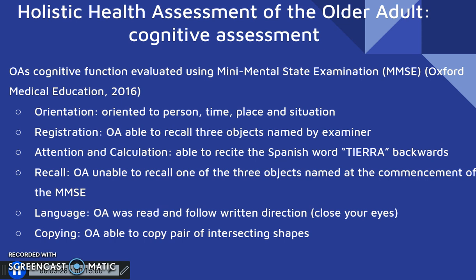Attention and calculation: able to recite the Spanish word tierra backwards. Recall: our OA was unable to recall one of the 3 objects named at the commencement of the MMSE. Language: our OA read and followed written direction, which was close your eyes. Copying: OA able to copy a pair of intersecting shapes.